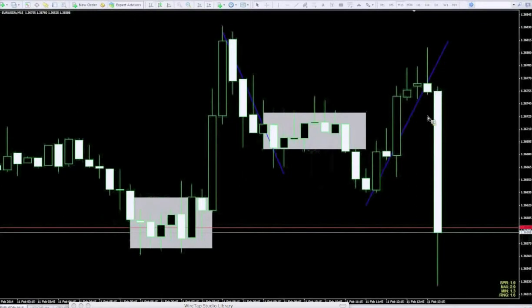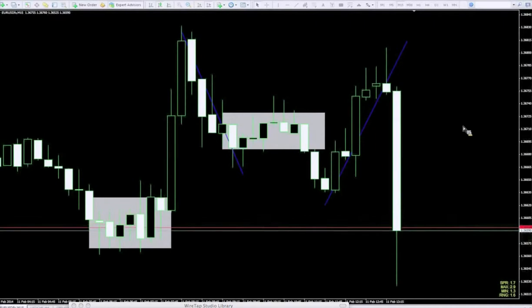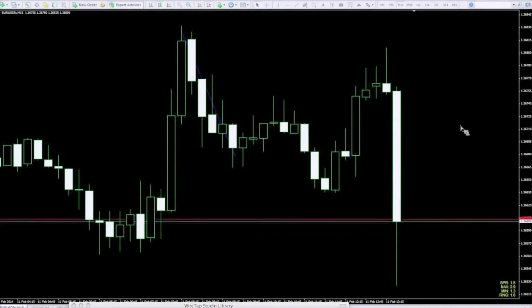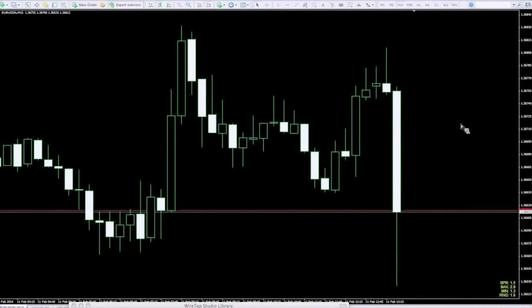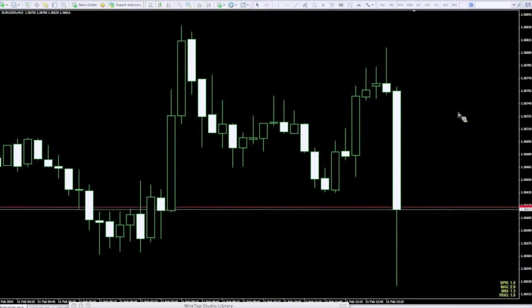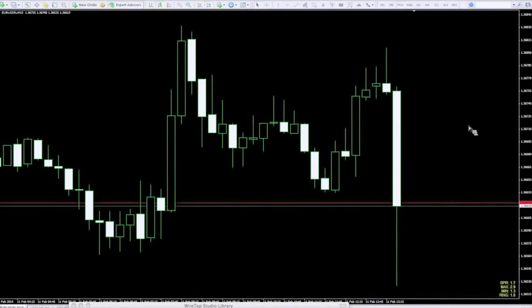This one candle is going to turn this market 180 degrees on its head. All right. So those are the four building blocks: the uptrend, the downtrend, consolidation, and an instant reversal.